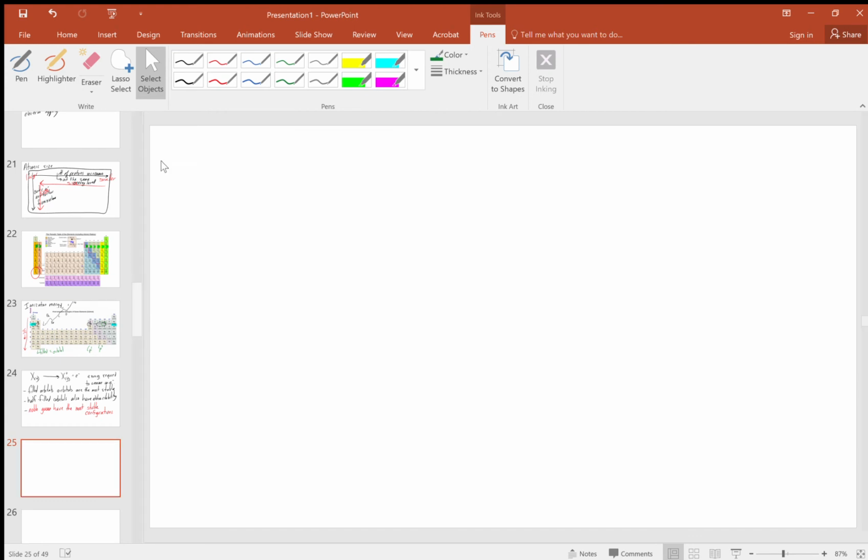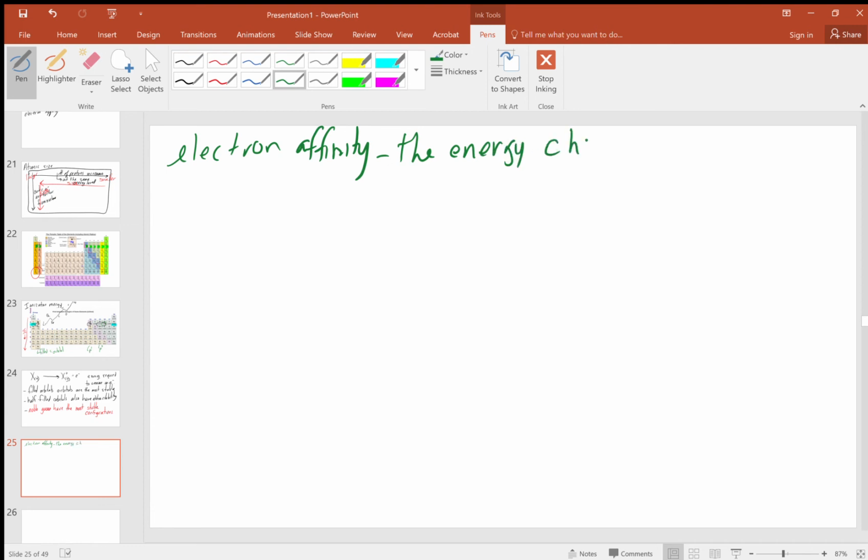All right, what about electron affinity? So electron affinity is the opposite of ionization energy. This is the energy change from gaining an electron. Now, what would you expect to find here?